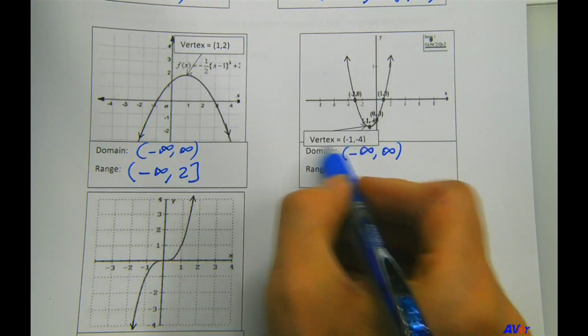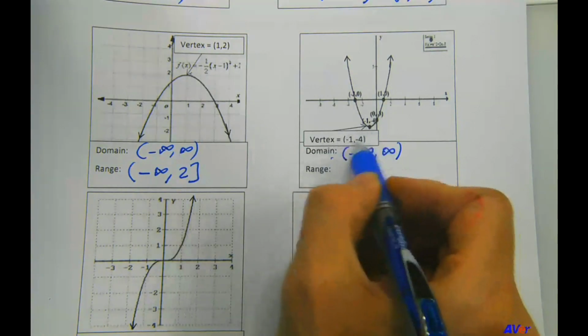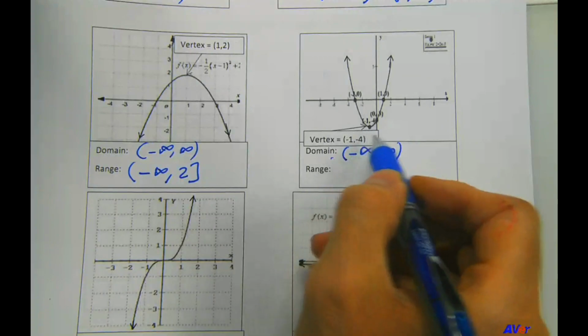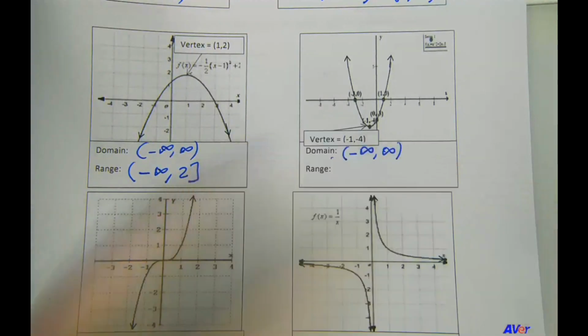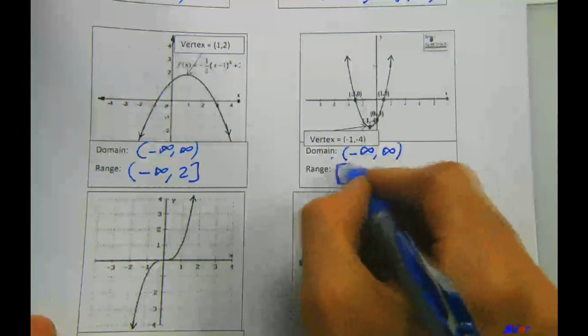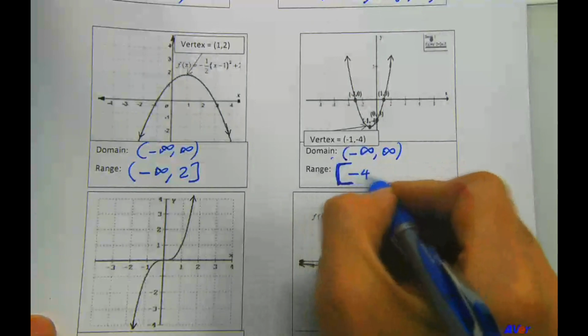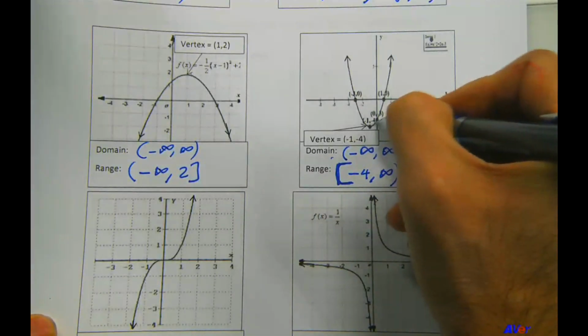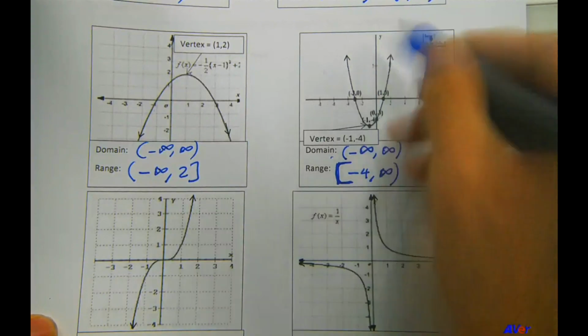If you look at the coordinates of the vertex here, it's -4. Y equals -4 is the lowest y value this graph can attain. So we say bracket -4, comma, positive infinity, because after y equals -4, this graph keeps growing towards positive infinity.